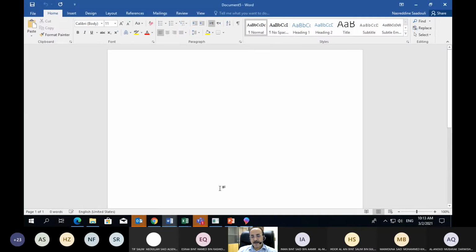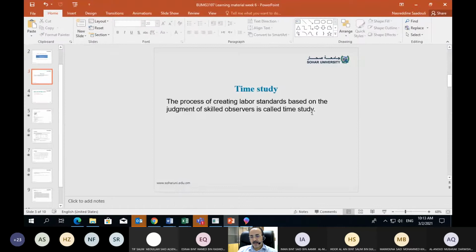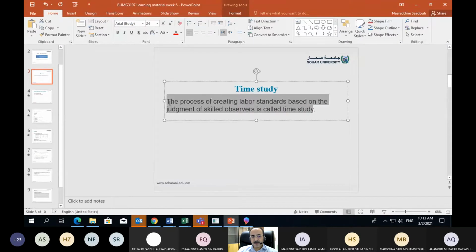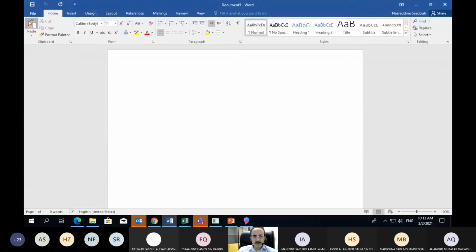Let's say we have the following sentence. This sentence is from the lecture, okay? I want to find out in this group, on average, how much time it takes for a student to type a word.